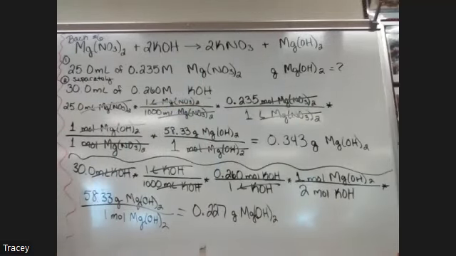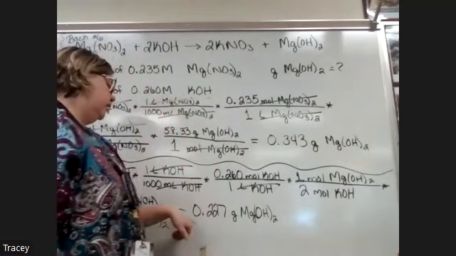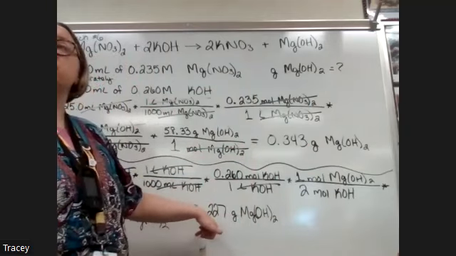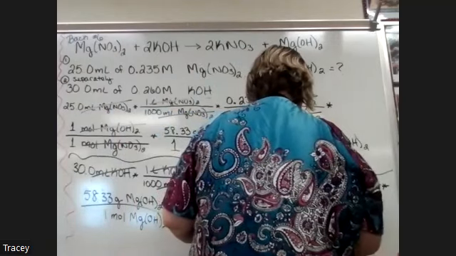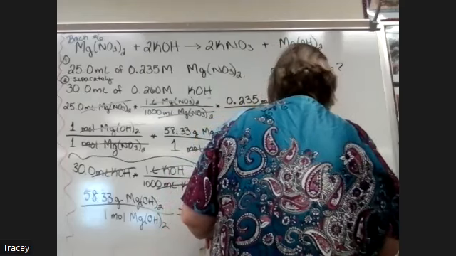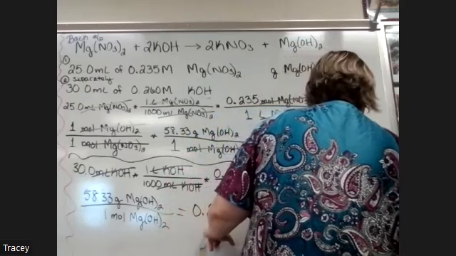Now, limiting reactant, it's always choose the lowest amount of product. So we've got 0.343 grams of Mg(OH)2 and 0.227. The lowest of the two answers is the 0.227. Now, the so statement only needs to have the amount of product.